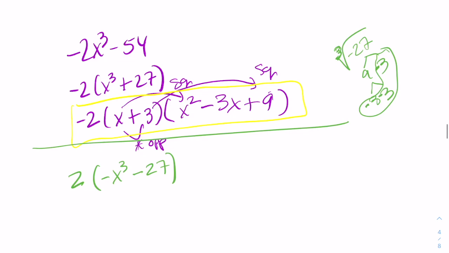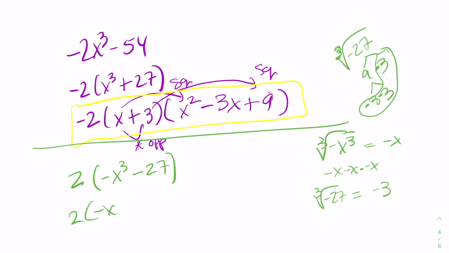So then here, if I take the cube root of negative x cubed, that'll just be negative x times negative x times negative x, which gives us negative x. And then the cube root of negative 27, like we just showed up there, is negative 3. So that gives me negative x minus 3. Okay.